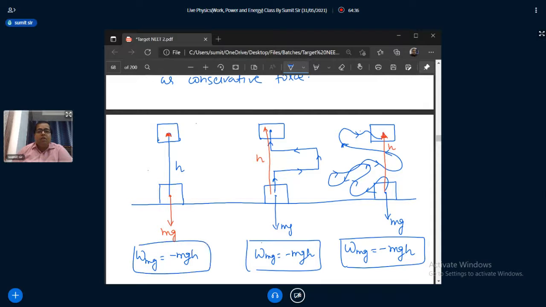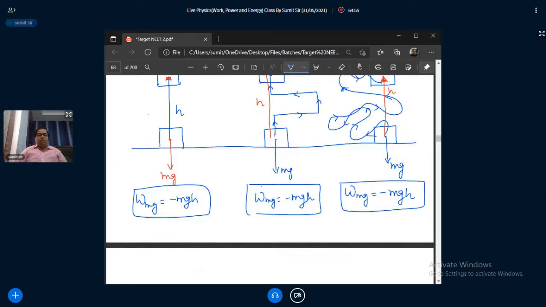In all the three cases, we see that the initial and final points are same, but the paths taken are not same, even though your work done is same. That means the force due to gravity is a conservative force.